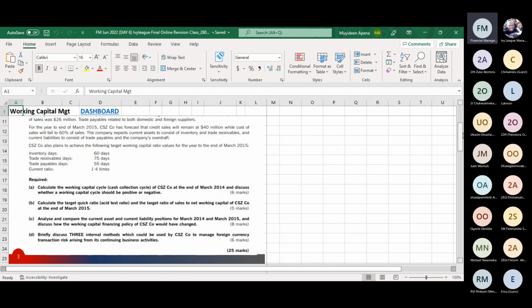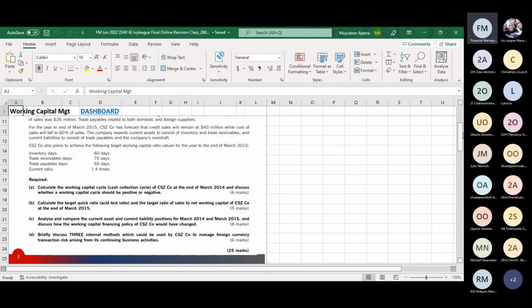Calculate the target quick ratio, or it's called acid test ratio, and the target ratio of sales to net working capital of CSZ Co at the end of March 2015. That's 5 marks.